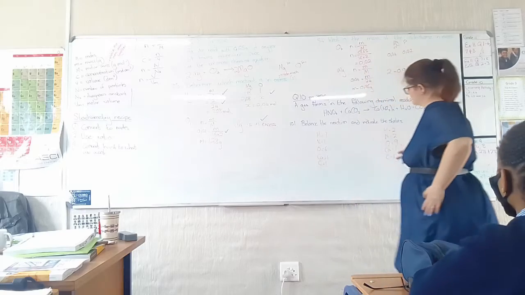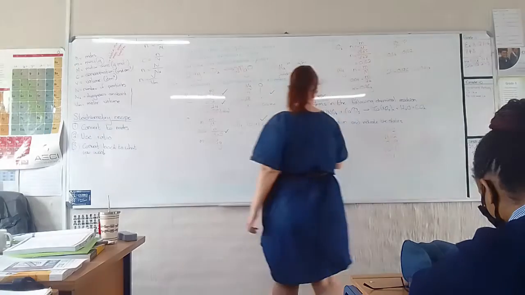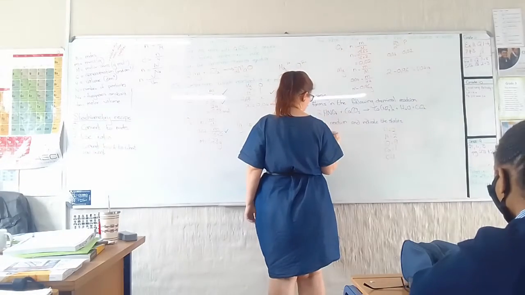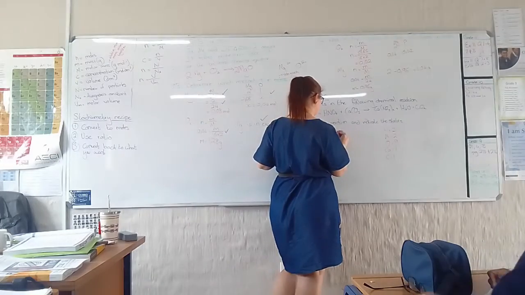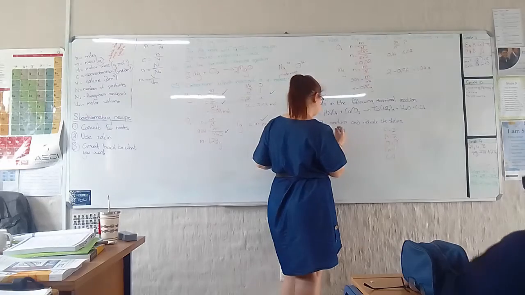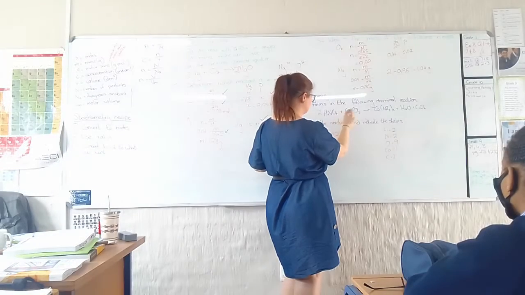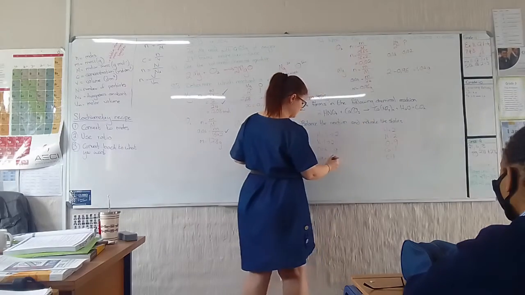So now the first thing I see here is that I need 2 nitrogens and 2 hydrogens. I'm going to add my 2 nitrogens and 2 hydrogens. I have my 2 over there, which now gives me 2 hydrogens, 2 nitrogens, and now I've got 6 oxygens plus 3 oxygens gives me 9 oxygens. Look, now it's balanced.